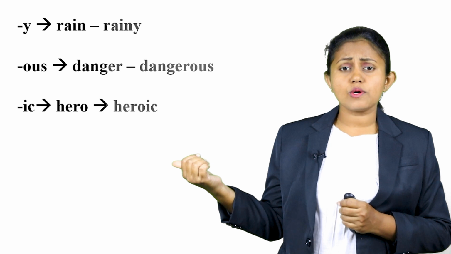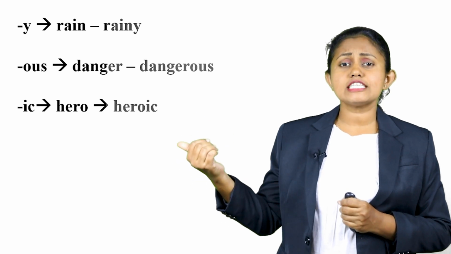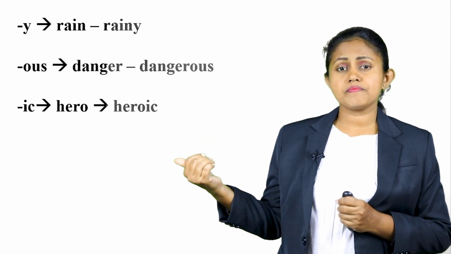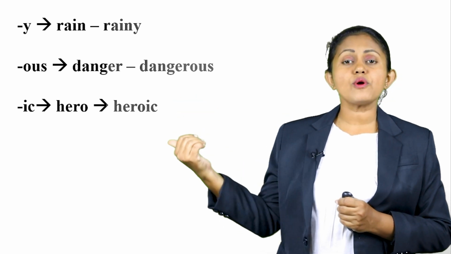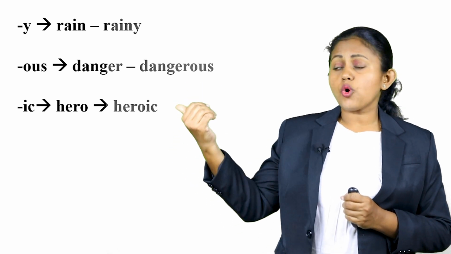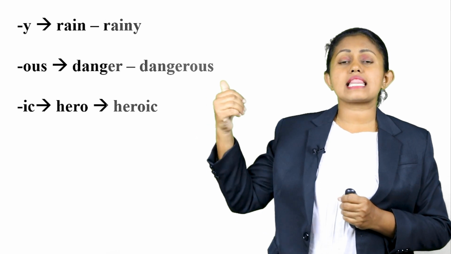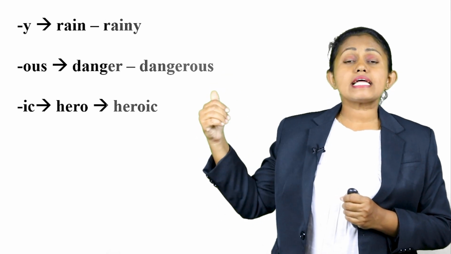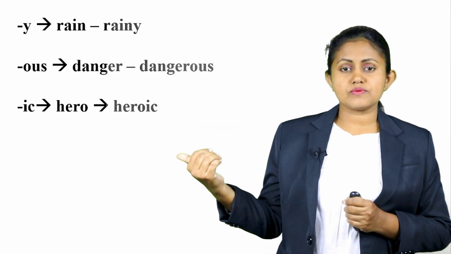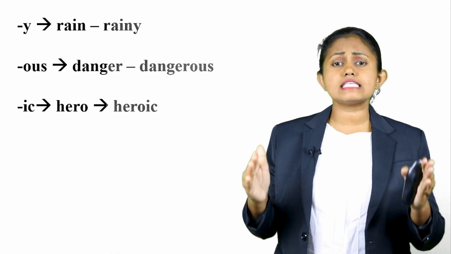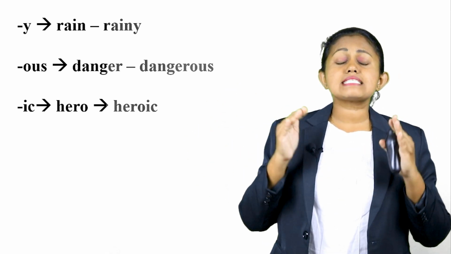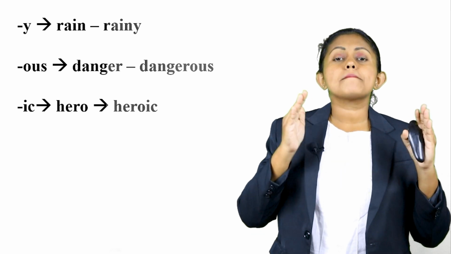For the noun hero, you can add ic to make the adjective. Hero becomes heroic. So the word hero is the noun and heroic is the adjective. Right? So like this, you can make some adjectives by adding suffixes to some nouns.